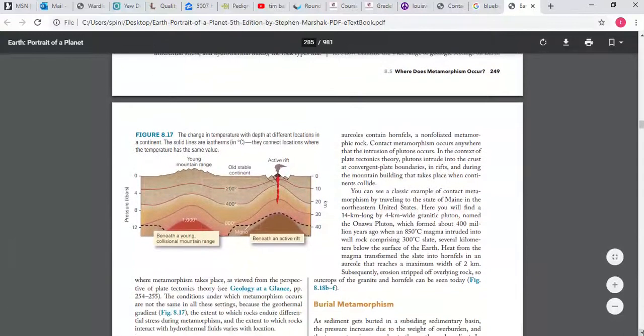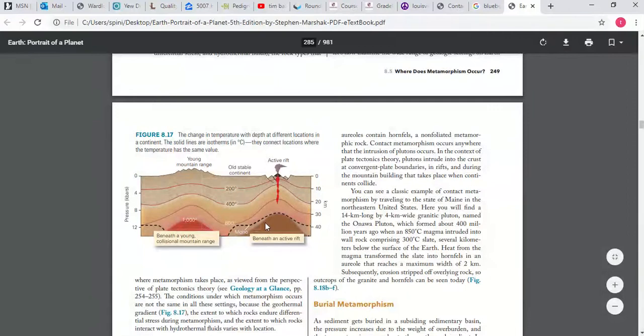And here you can see that in detail, where they're talking about a young mountain range being pushed together, and as this rises up, the temperature increases as the pressure increases, and so you can get a lot of metamorphism here. But here we have an active rift where the plates are coming apart, aren't they? And as the plates are coming apart, there's not as much pressure, but we have a lot more temperature.